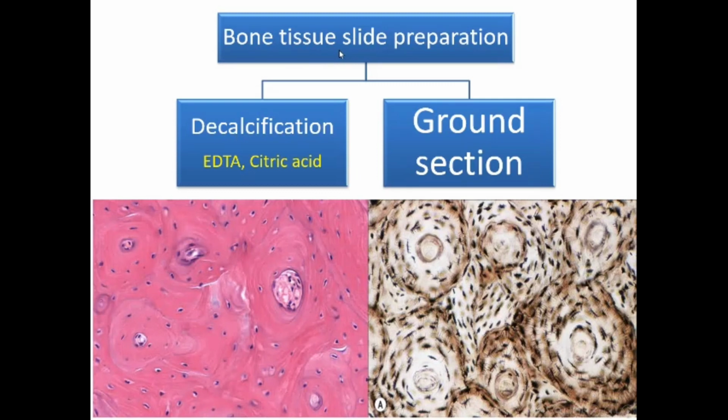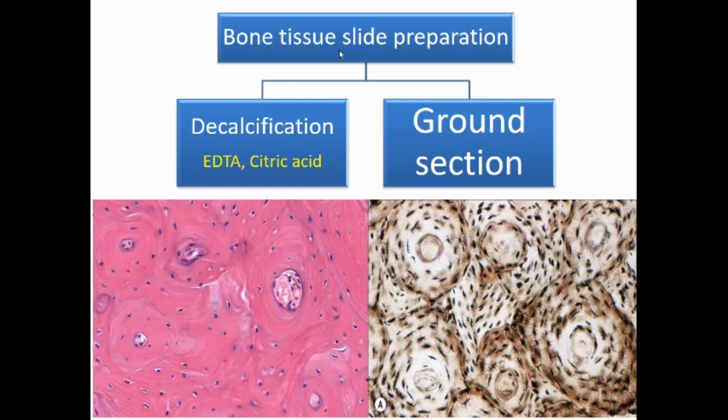The bone is very hard because of the calcified matrix, so we cannot cut it into a very thin layer for observation under the microscope. For preparing a very thin layer of bone, we have two methods.